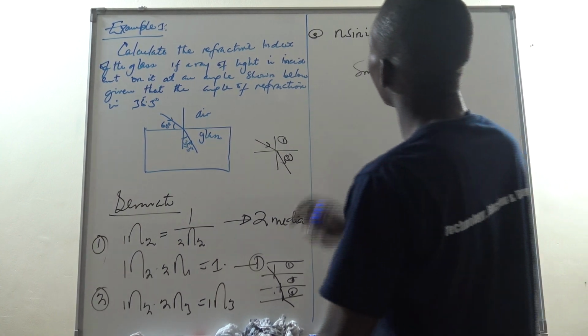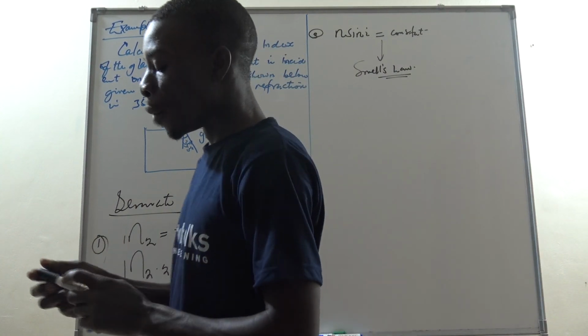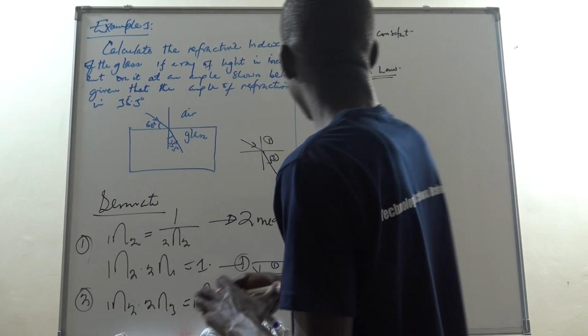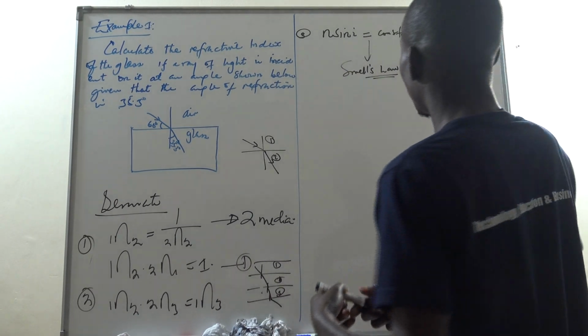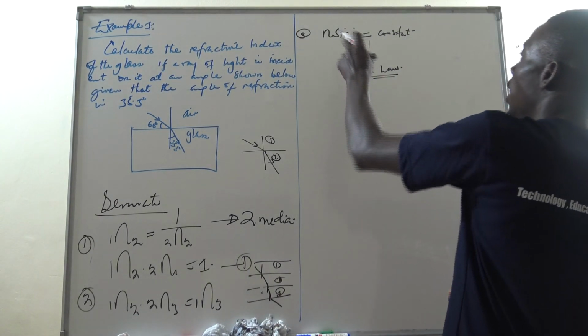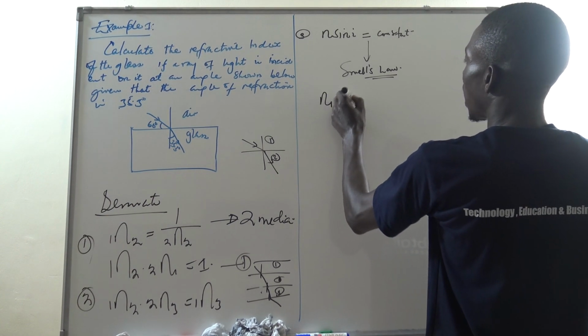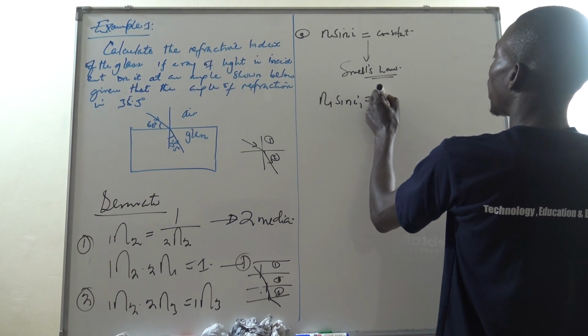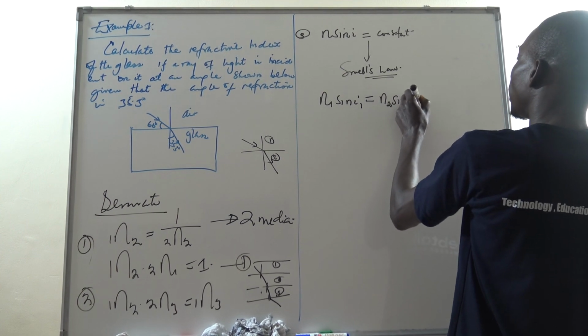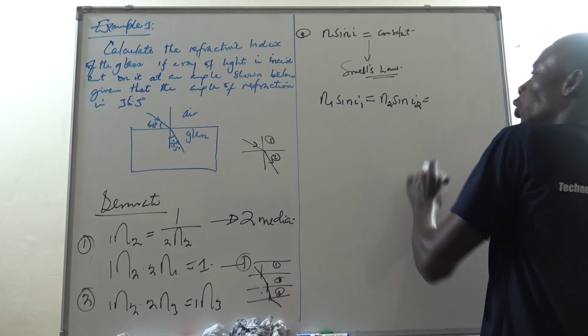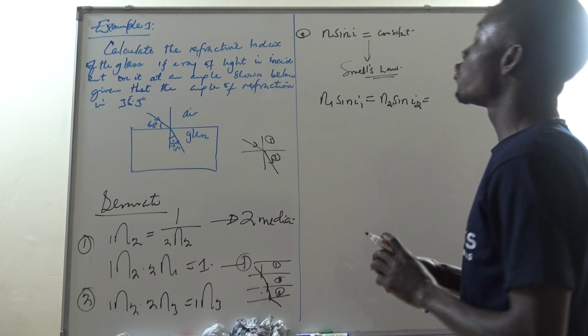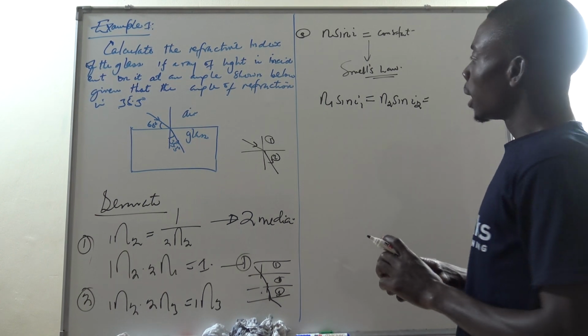It is now one of the most important ideas we shall use to analyze this. That means if I have n1 sin i1, it should be equal to n2 sin i2 and so on. So it will be a constant. So this is very, very important.